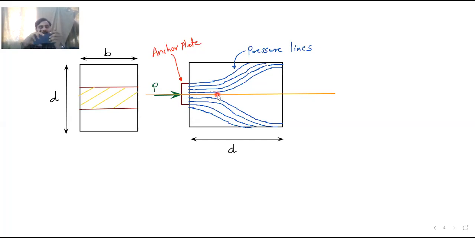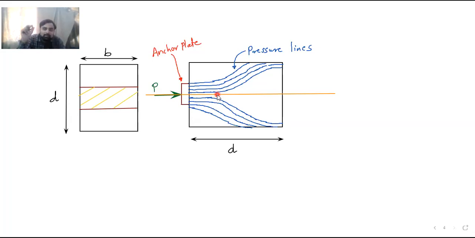Due to them, there will be splitting of tendons, and that splitting is happening due to forces called the bursting forces. The tendons get dislocated from their places.